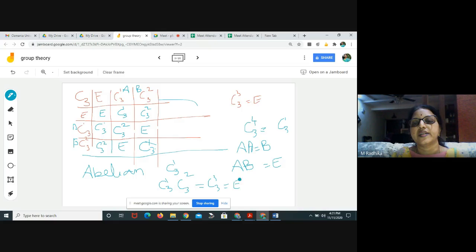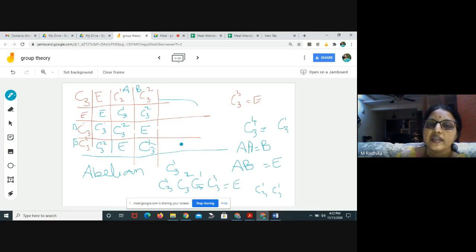So did I generate the other element E using C3^1? Then if I do C3^1 and C3^1, I get nothing but C3^2. So I am using only one element to generate the others.